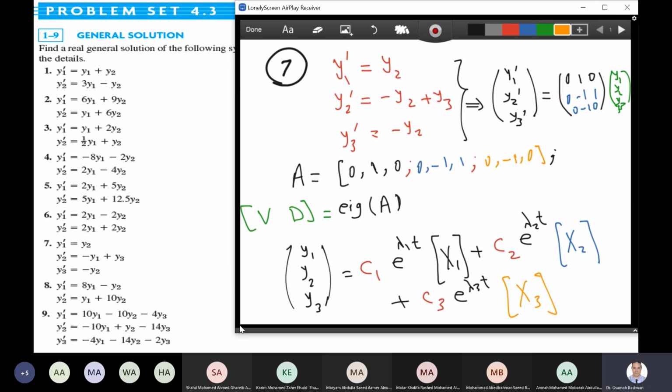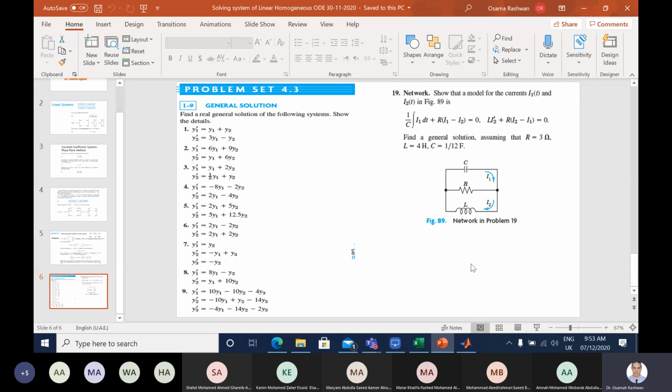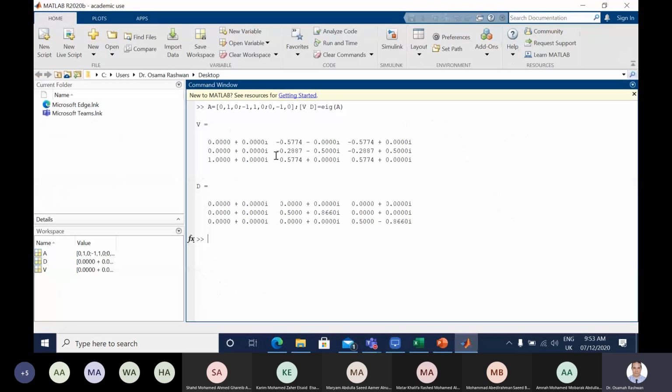Okay, so what you are going to do, you just go to your Matlab and you just replace lambda 1 and lambda 2 and x1, which is the first column. Forget about this 0. You just take only this one, right? And also this is 0, right? All of this one 0, right? So e to the 0 will give you 1, right? You take the main diagonal here. This is your eigenvalues.